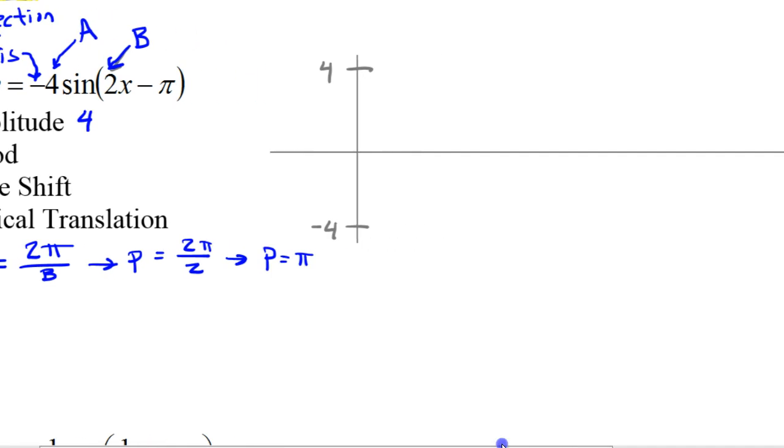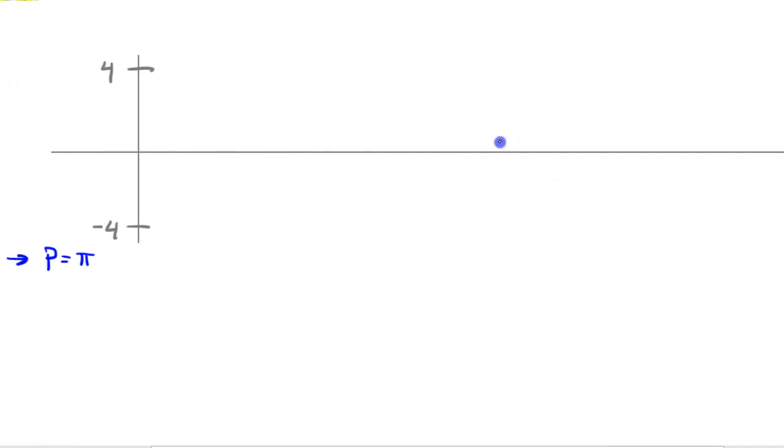So great, the period is pi. So I'm going to go ahead and put pi on my graph right about here. Now if I go halfway, that should be pi over 2. And if I go half of that, that should be pi over 4. So in this position, I should have 3 pi over 4.